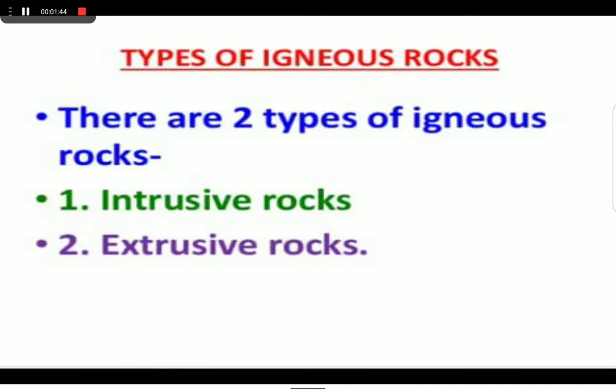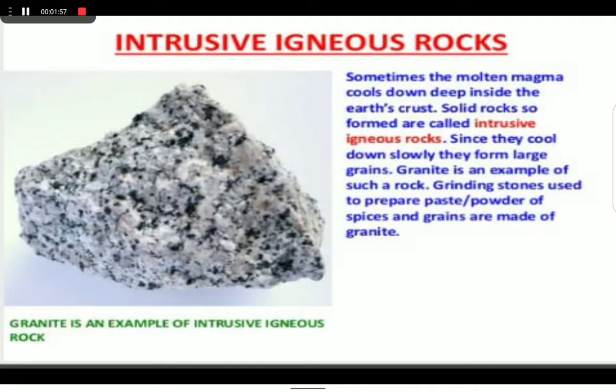Types of igneous rocks. There are two types of igneous rocks. They are intrusive igneous rocks and extrusive igneous rocks. Intrusive igneous rocks: an intrusive igneous rock is formed when the molten magma cools down deep inside the Earth's crust.